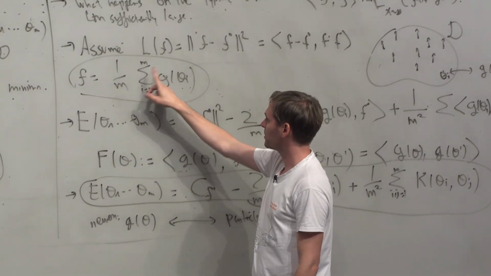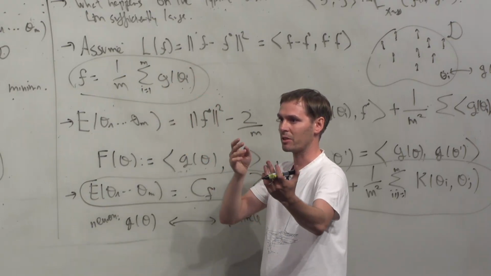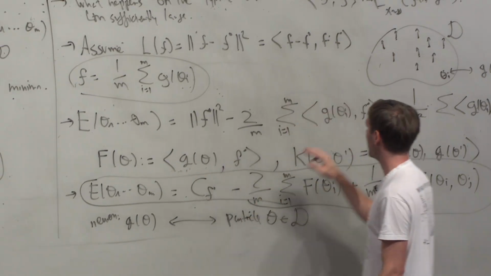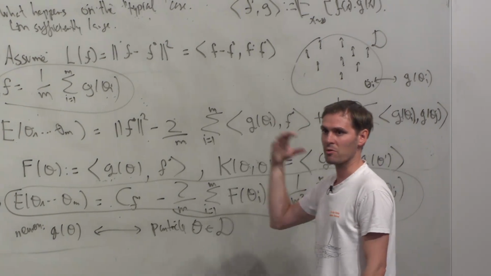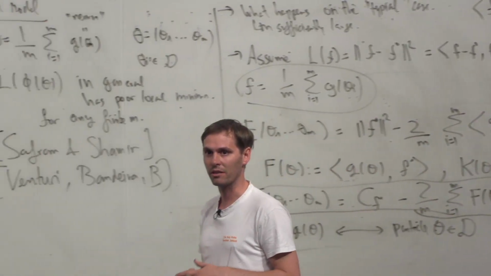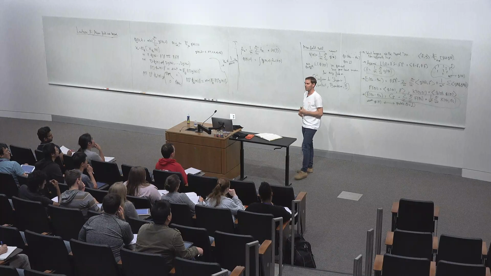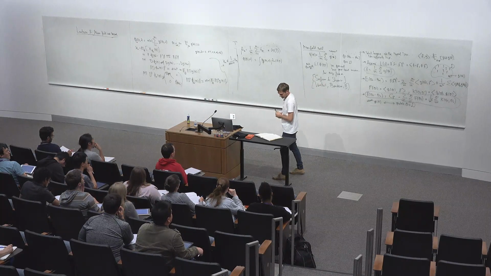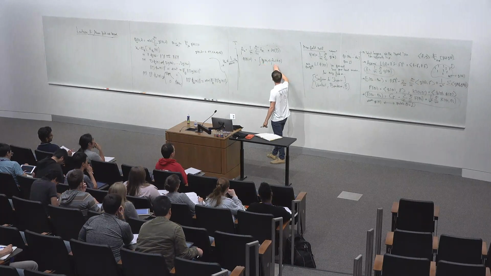But because I'm just considering an average, a sum of functions, I don't care if theta 1 becomes theta 3 and theta 4 becomes theta 6, right? The only thing that matters is whether I have a function here or not. And this is captured by the measure, right? The measure is an object that seems a bit more intrinsic than just having a vector of where the parameters are. Okay?